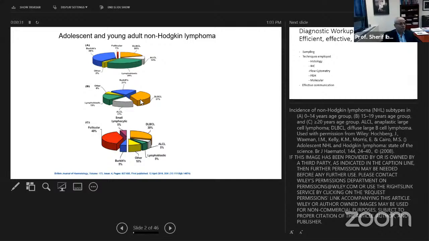In adolescents, the trend changes a little bit, and diffuse large cell lymphoma becomes the most common lymphoma, Burkitt's second, and then after that, ALCL and lymphoblastic lymphoma. In young adults, that changes completely, and now follicular lymphoma is the most common. I'm going to focus on that group. This group of patients is what I see in my practice, somewhere between 16 and 21, 22.